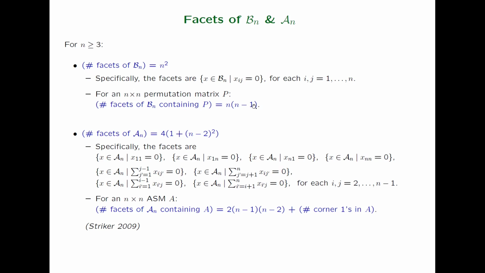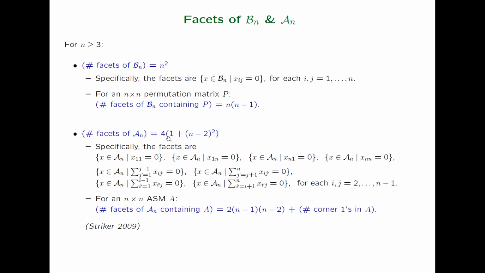For the A_n case, well, initially you would think that there'd be 4n squared inequalities because at each point here, you've got the 4 partial sums: the left, the right, the top and the bottom. But it turns out that they don't all correspond to unique facets. Some of them around the boundaries are effectively redundant.